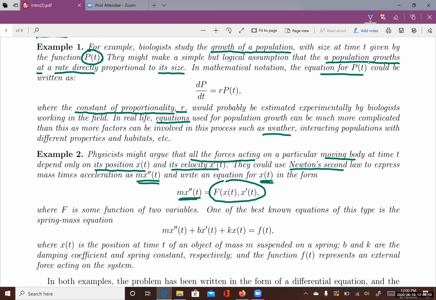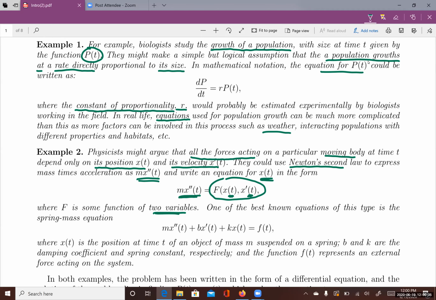And f is a function in terms of x of t and in terms of x prime of t. And remember, if x of t is the position function, then x prime of t is the velocity function. So in this case, f is a function of two variables, x and x prime of t.